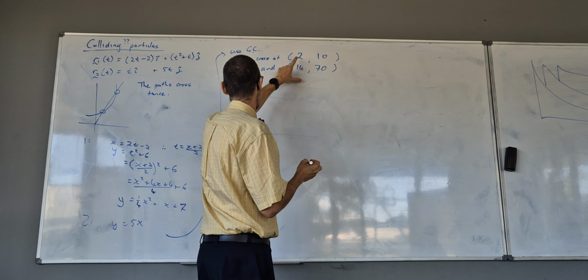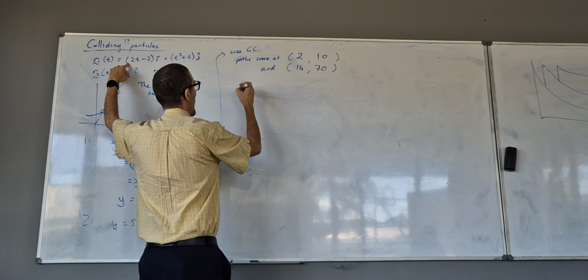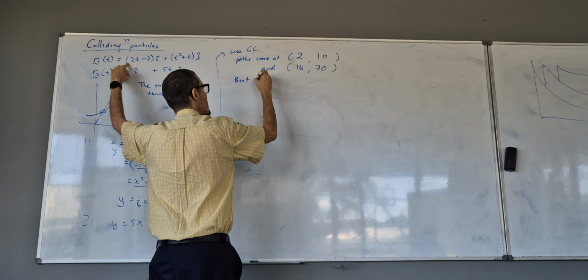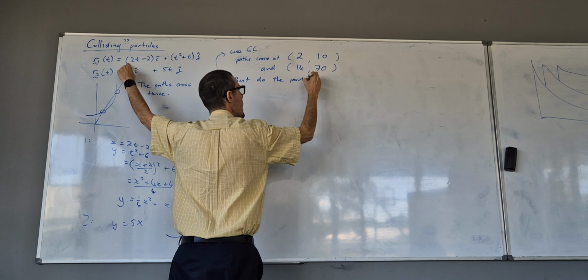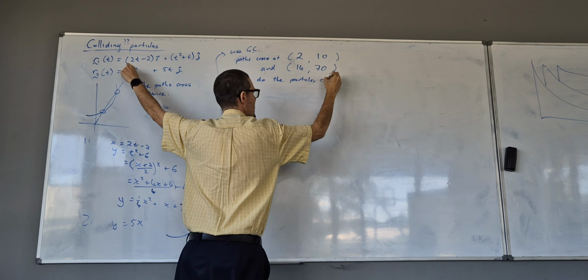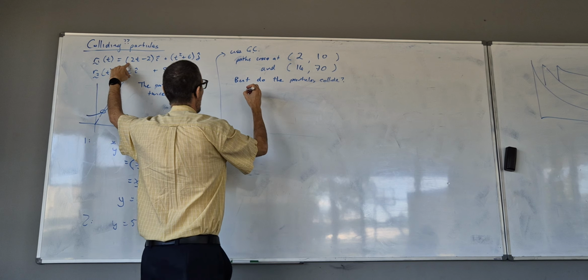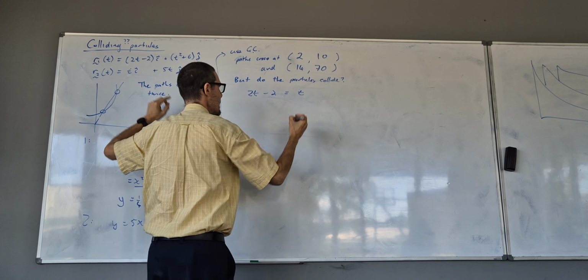So if I just go this equals this, we know the paths cross, but do the particles collide? You can say collide, meet, whatever, depending on what the question asks you for. Let's go: 2t minus 2 equals t.